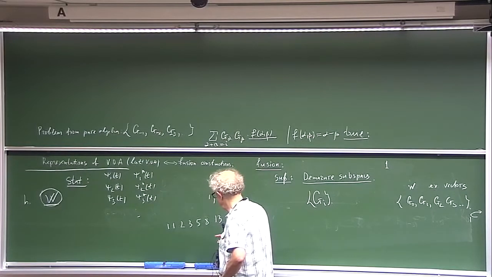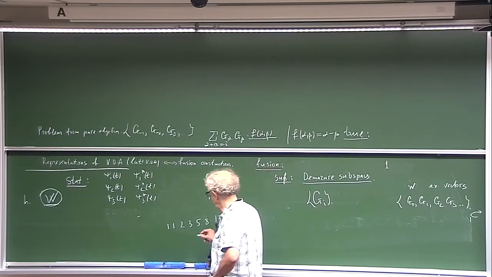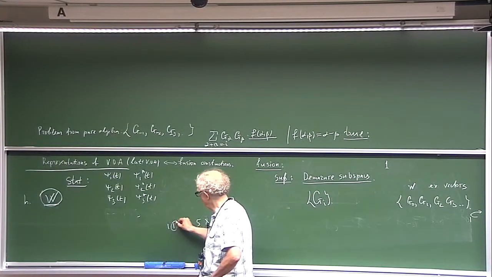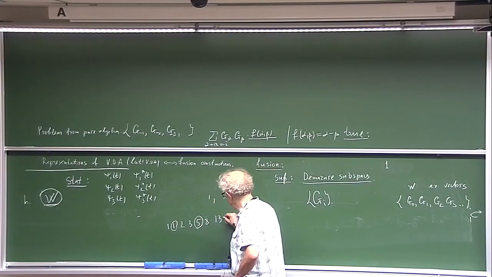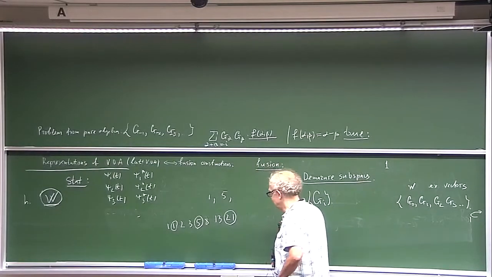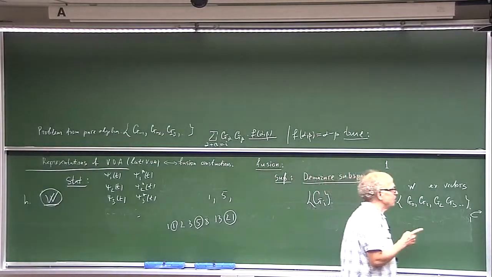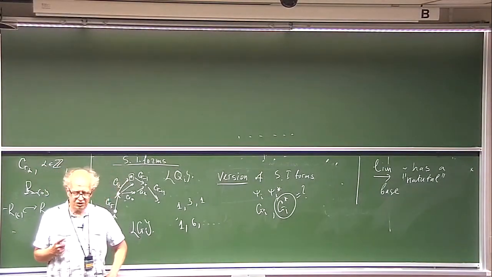And my subspaces which appear here have dimensions as follows. It is 1, next 5, and next it will be 21. And so what appears from this vector will be 21, and so on.